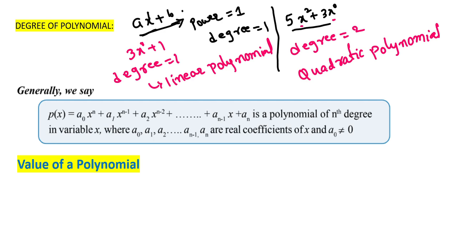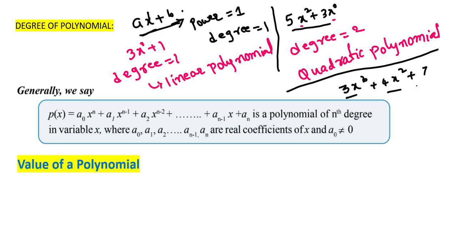Now look at one more example, where the degree is 3. For example, 3x cube plus 4x square plus 7. It is one kind of polynomial. Now look at the highest power. This is the first term, second term, third term.